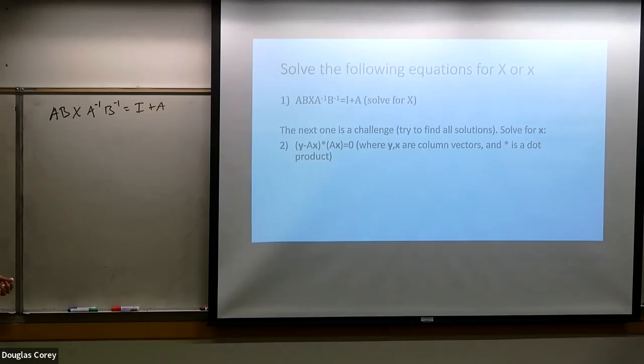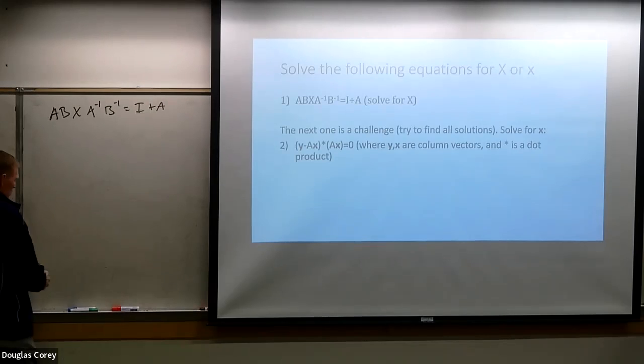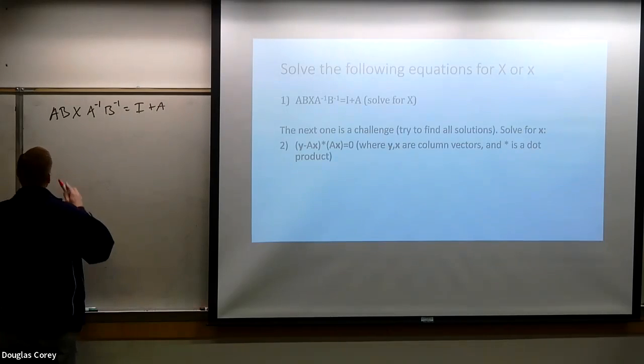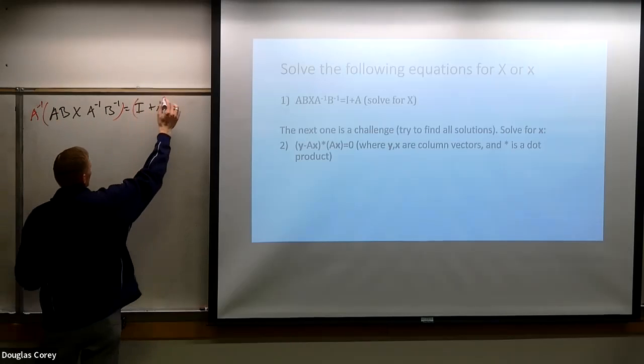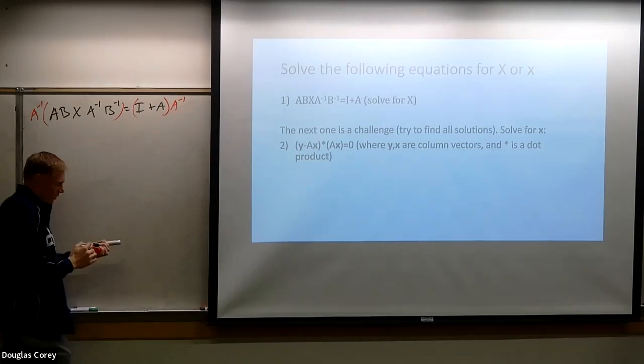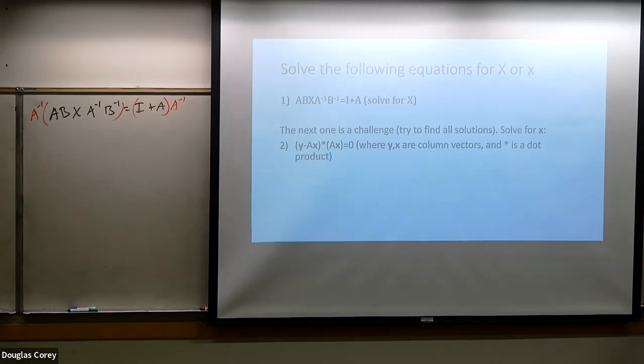What would be a good first move? There's a few things we could do here, but what could be a good first move? Multiply both sides by the inverse of A. Inverse of A. Does it matter where I multiply? Yes, on the front. Can I do that? No, I actually can't.